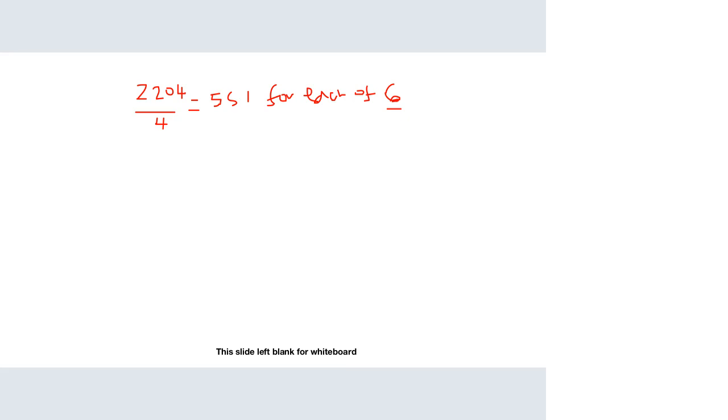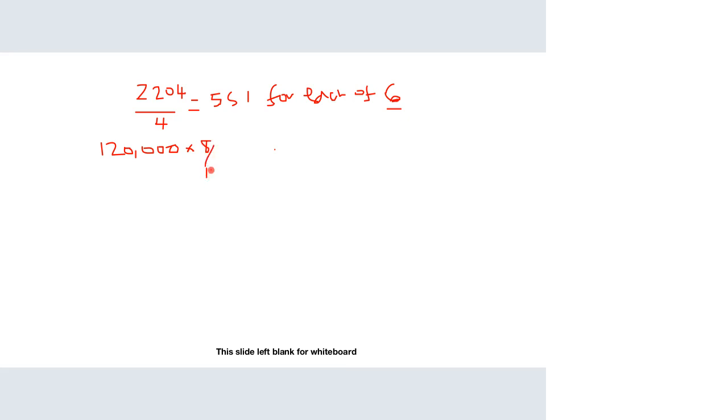We have not determined this amount yet, so we can determine it. We take the face value of the bond, 120,000, times the coupon rate or interest rate, which is 8%.